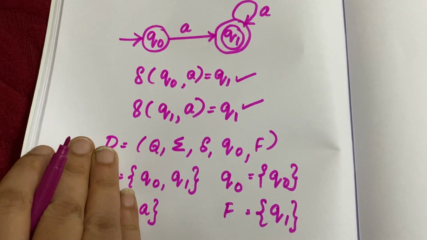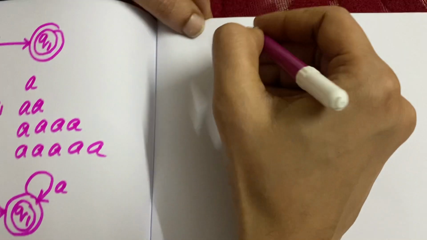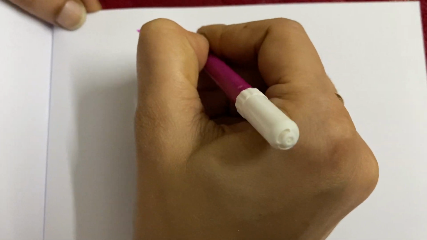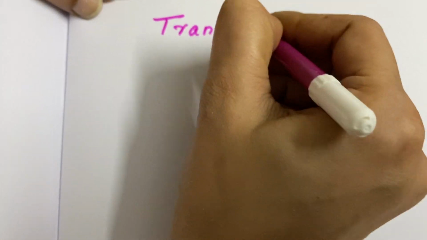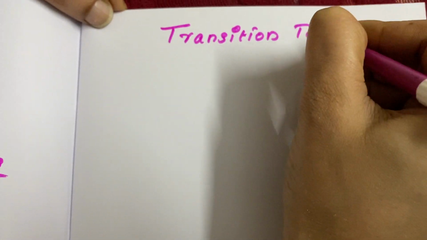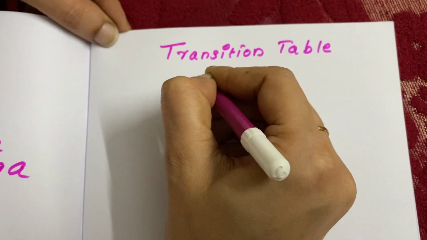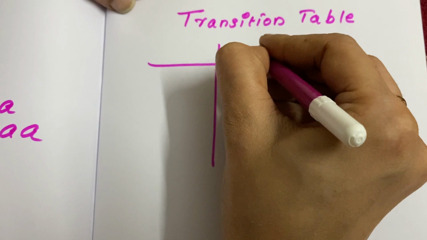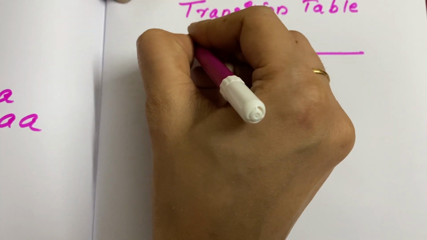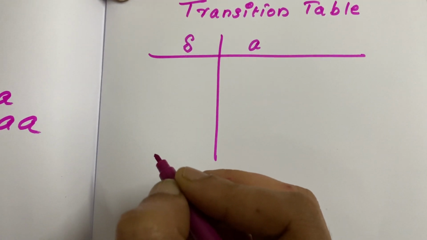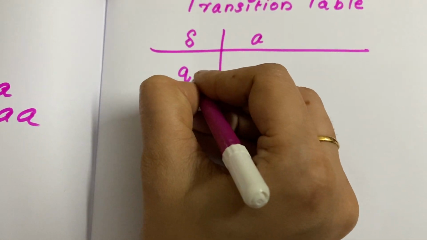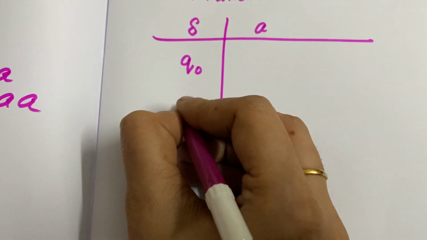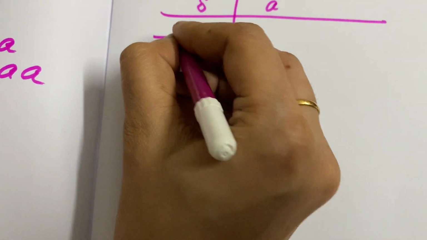Now we go for the transition table. In the transition table, as I told you, there is the number of input symbols, only one input symbol here, and the transitions. We have an initial state and a final state, Q0 and Q1.